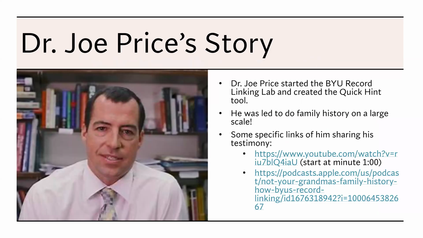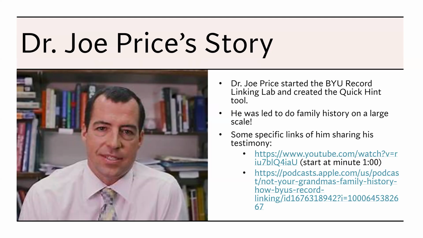Dr. Joe Price is the one that came up with this record linking lab and the tools, and there's several more tools at the record linking lab, but we are just going to highlight the quick hint tool. He was led to do family history on a large scale, and he's got a beautiful story where he talks about being at a BYU Education Week presentation, sitting there, and he just got the impression that he was in the wrong class. So he got up and went to a different class that he felt inspired to go to.